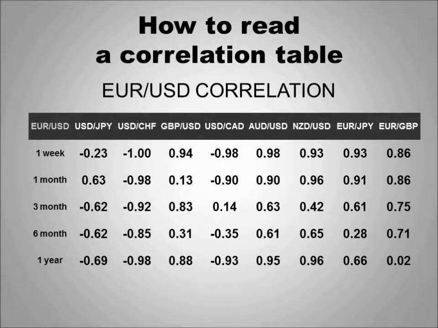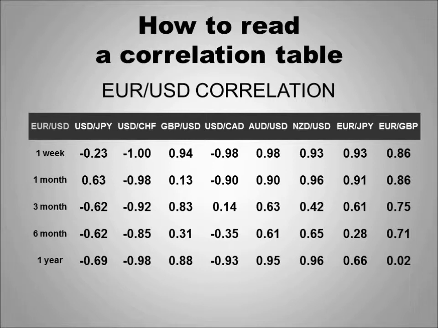So let's compare the euro-dollar pair with the US dollar-Japanese yen pair. If we look at the 1-month frame, there is some degree of symmetry between the two pairs, and because it's a +6, the movement appears to be in the same direction.